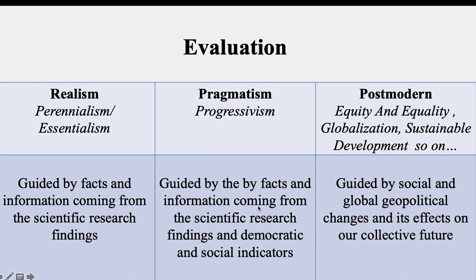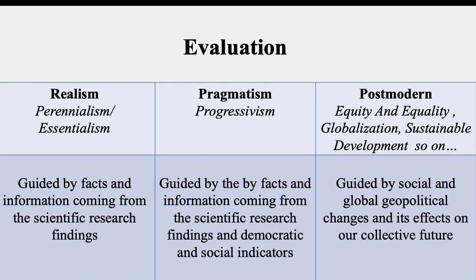Their curriculum evaluation is guided by the facts and information coming from scientific research findings and by democratic and social indicators. So they are not only relying on research data, facts and figures, and information; they make their instrument, collect data, analyze it, and afterward narrate their findings and share them with other people. But they also look for the democratic and social indicators.